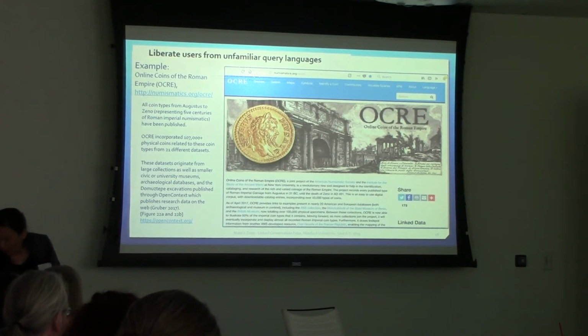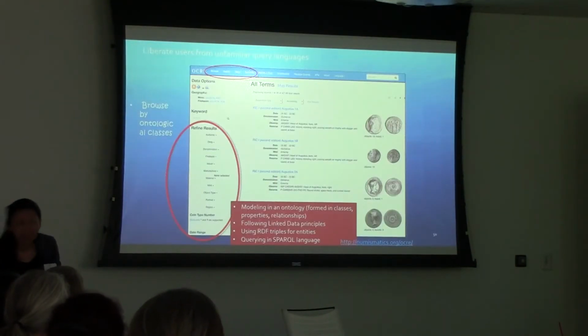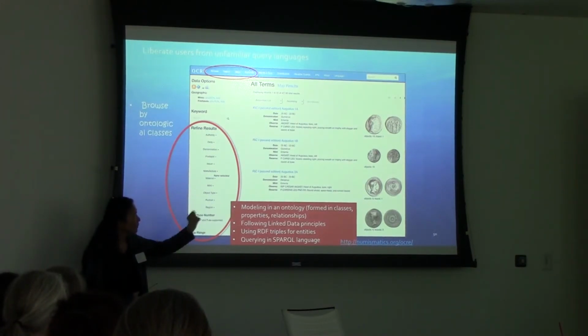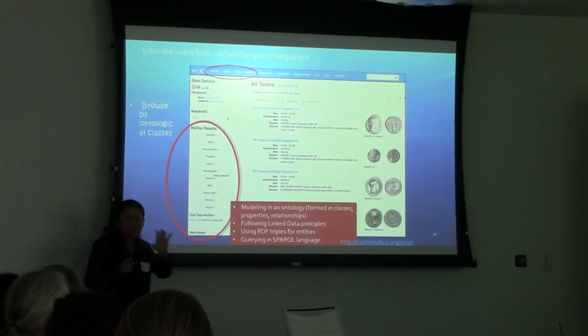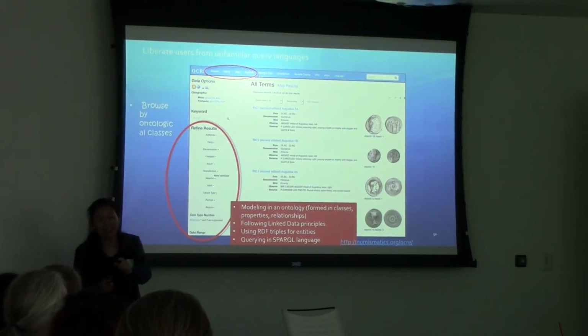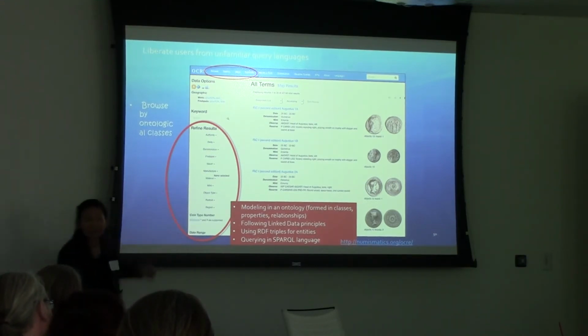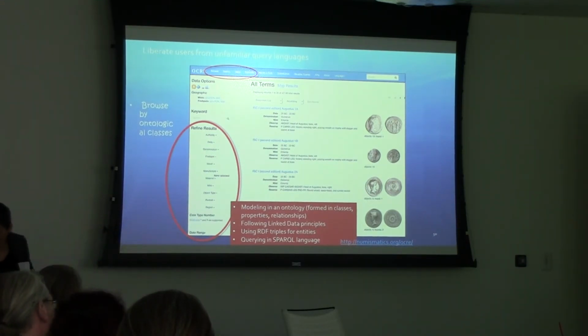But what is behind that? Ontology. Every figure, every emperor, every material, every site has a URI, okay? And they categorize that, they make an ontology like the CRM has done.